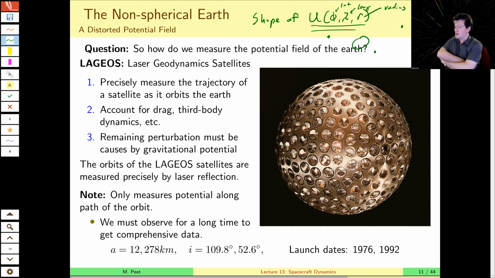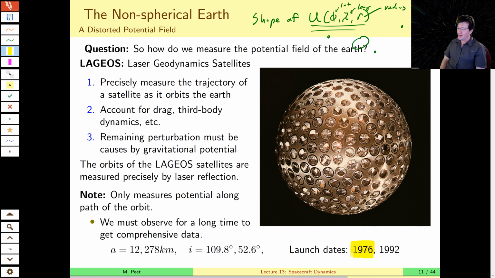Now we're in the modern age, and as modern as it gets in 1976. We notice that our satellites are moving where they're not supposed to move, and so we want to figure out how to predict that motion. So what we do is what seems rational.